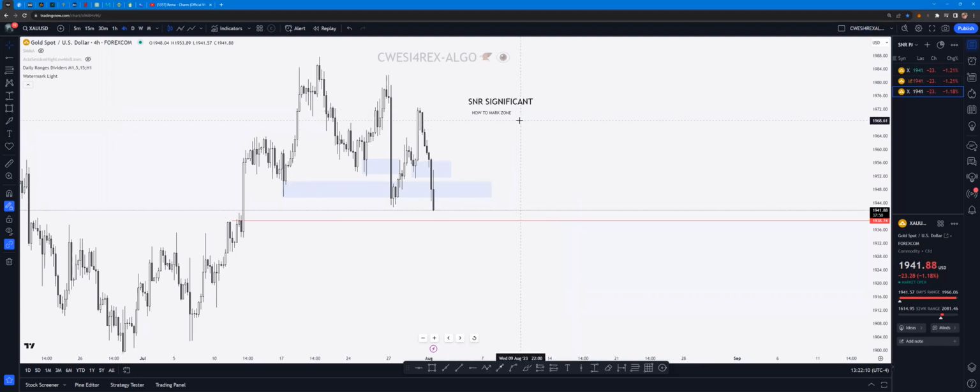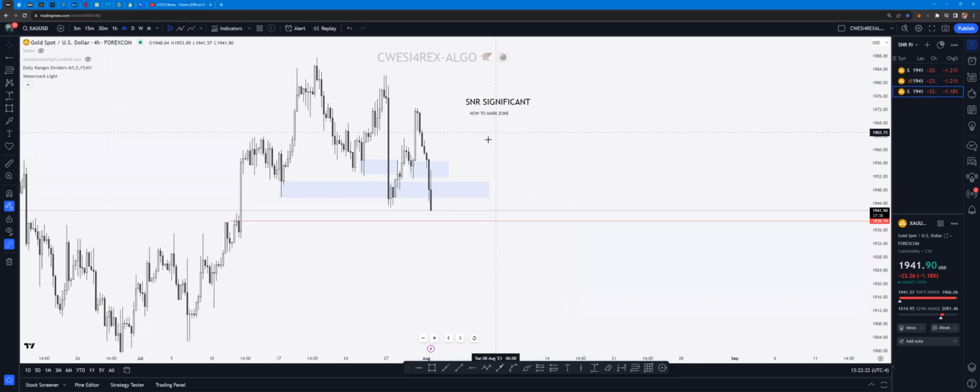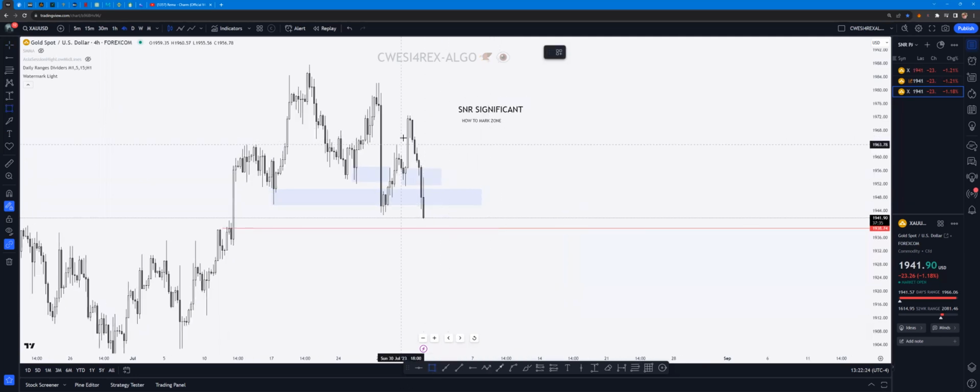Then we said, what's significance? We said significance is something that gets more attention than the other. All I basically mean is on the chart, you can see we have a lot of zones, and one particular zone needs to get more attention than the other.